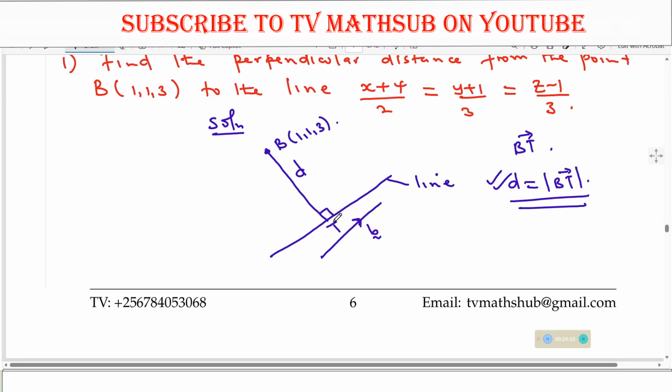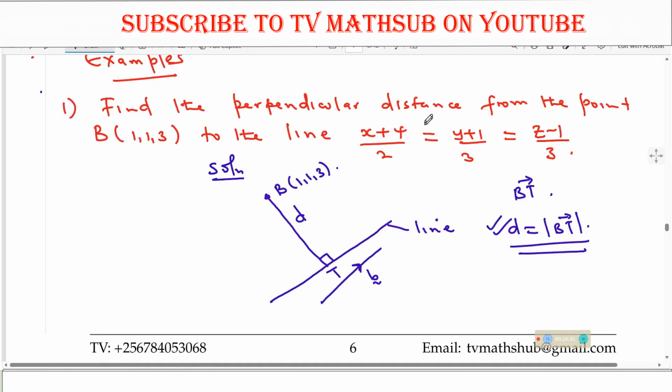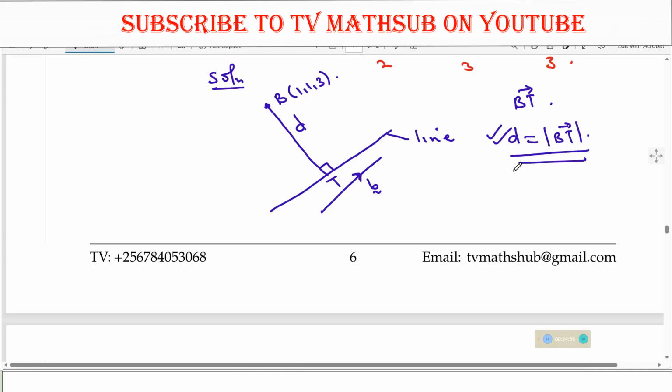Now from that given information again, let us first of all express the line that is given in the vector form, because we are given the Cartesian form. So we are given the Cartesian form, so let us first put it in the vector form.